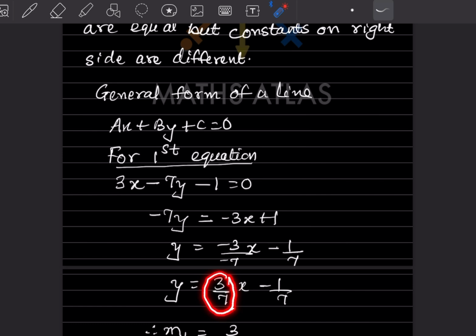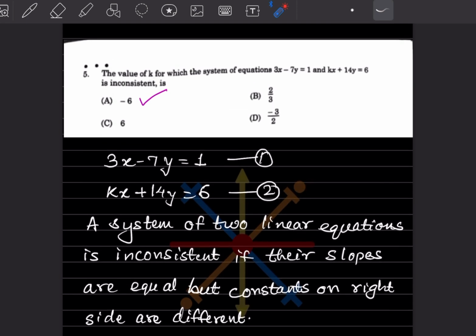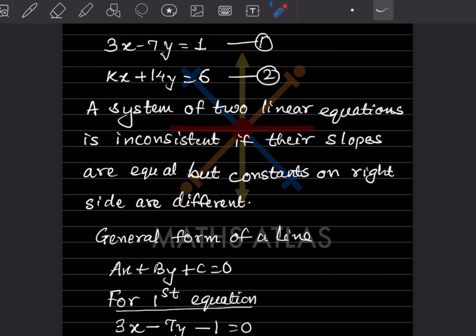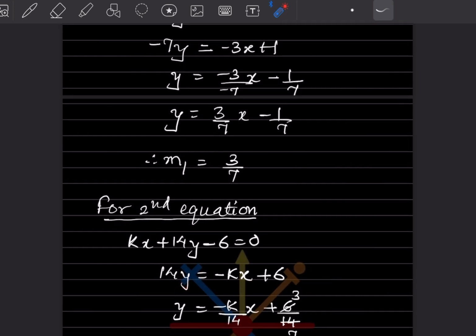Slope can be written as m. So m1, because there are two equations given, so to differentiate, we'll write here m1, and the second one we write as m2. So for the second equation, the same thing is written here. Again, we'll rearrange this in the form of y is equal to mx plus c. C means the constant without any variable. So this will be the same on the left hand side, this will go on the other side, that will be minus kx.